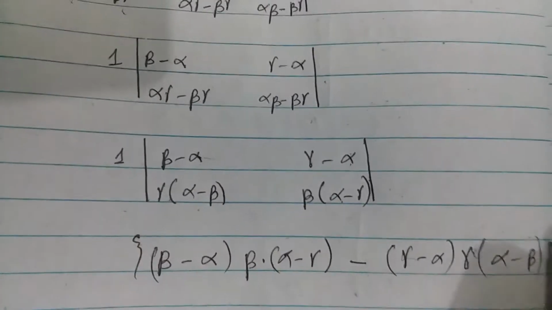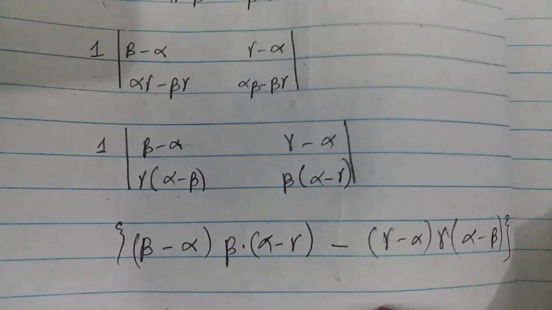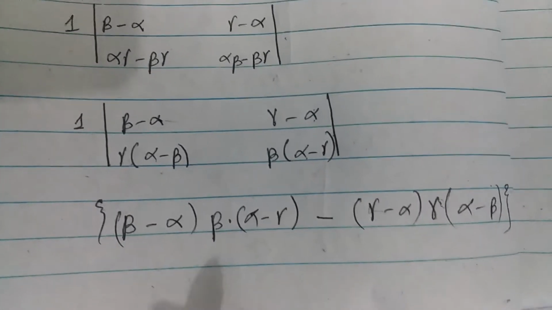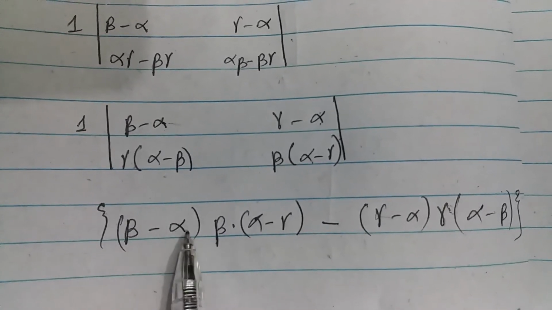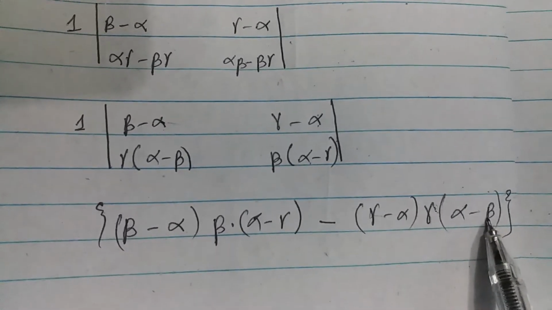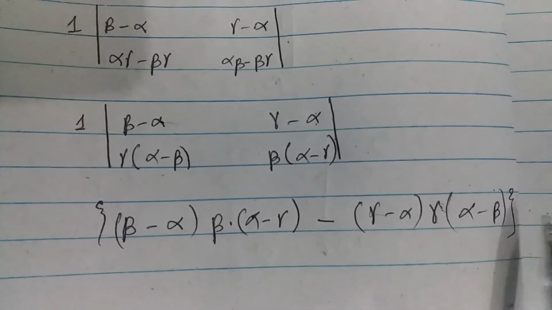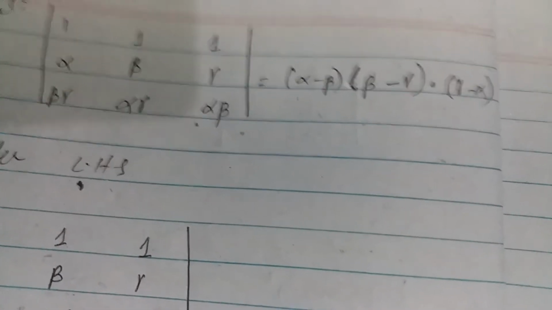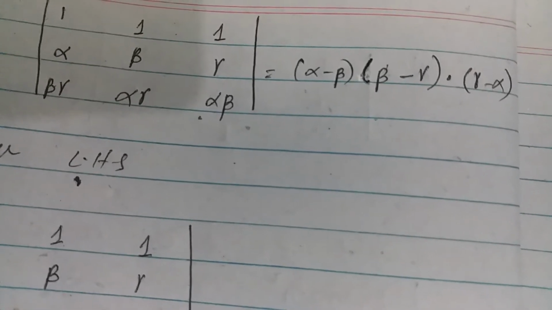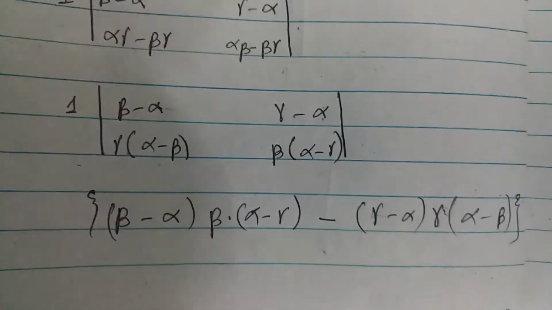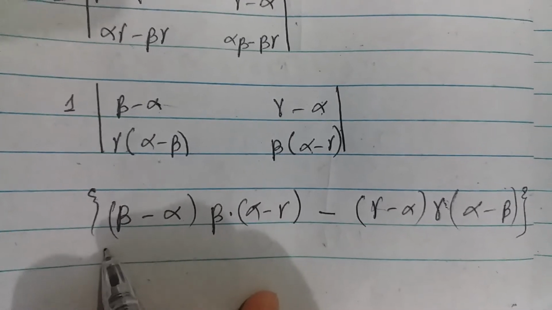Okay students, now you can observe here that we have beta minus alpha, alpha minus beta. We need alpha minus beta in the right hand side. If you have seen here, we need alpha minus beta, beta minus gamma, and gamma minus alpha. Now we take the common minus sign.